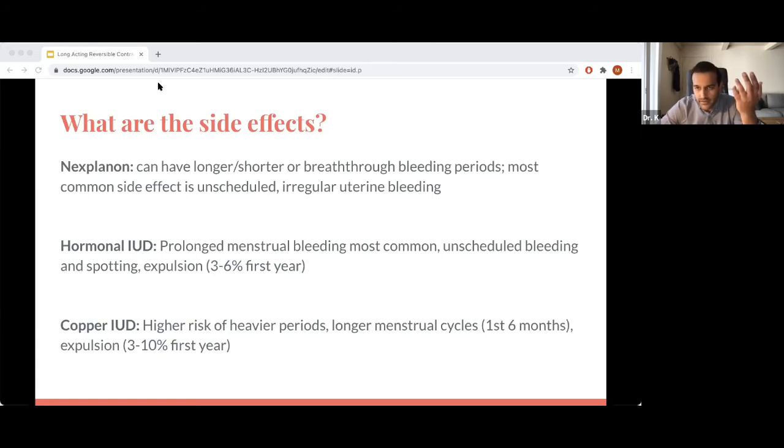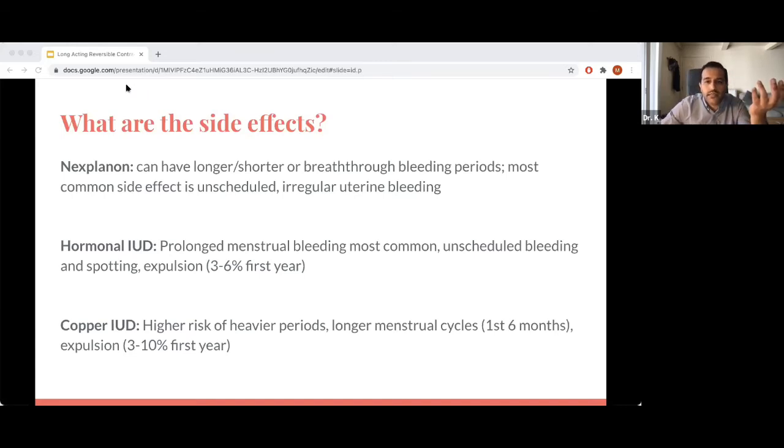There are other side effects that can happen, although some of the medical literature and data is not definitive. So I can't necessarily say that this is what will happen, but people have reported things like headaches or breast tenderness, and very rarely weight gain. But once again, I can't necessarily say it's 100% related to the Nexplanon. It could be other factors going on.